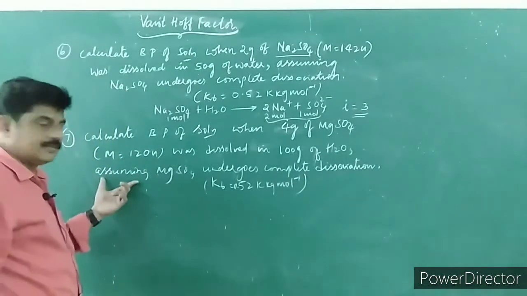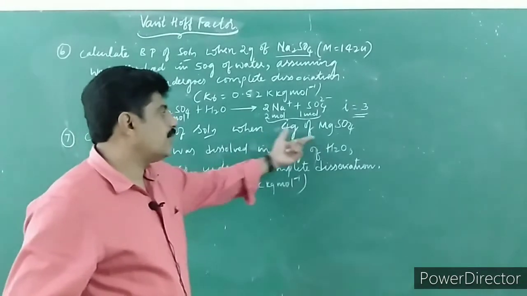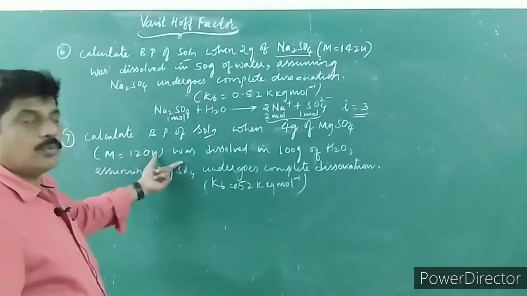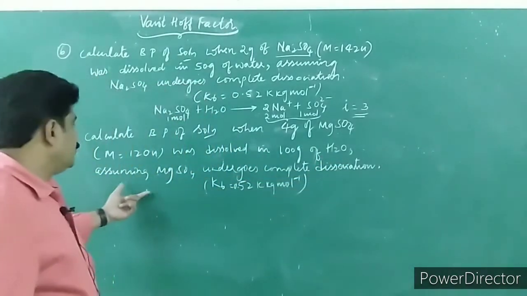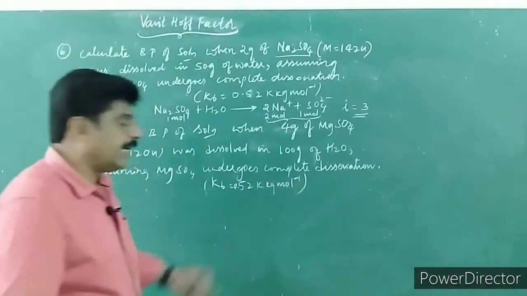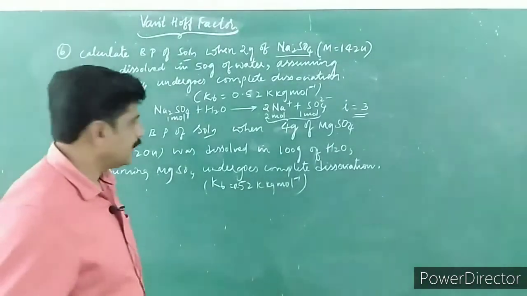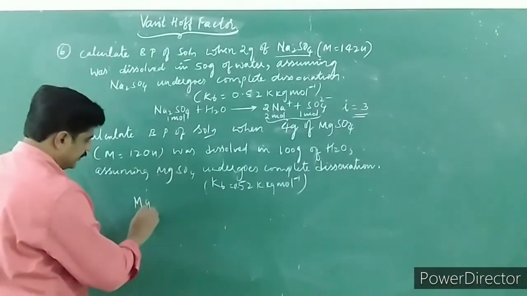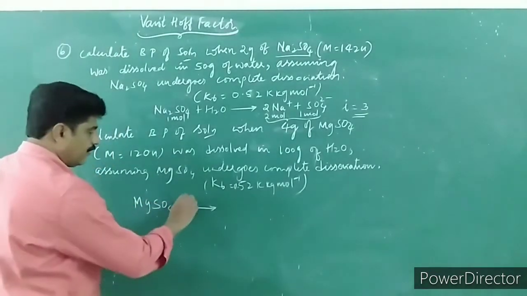Look at this. Calculate the boiling point of solution when 4 grams of magnesium sulfate with molar mass 120 U was dissolved in 100 grams of water. Assuming magnesium sulfate undergoes complete dissociation, given Kb of water is equal to 0.52 Kelvin kg per mole. Let me find out i for you. Look at here, magnesium sulfate undergoes dissociation in water, is it not?